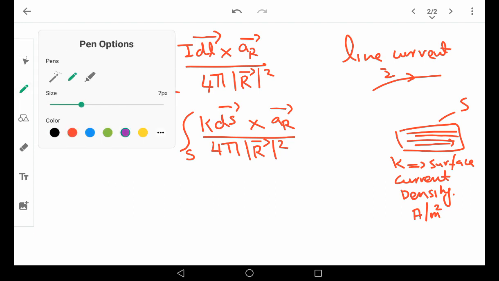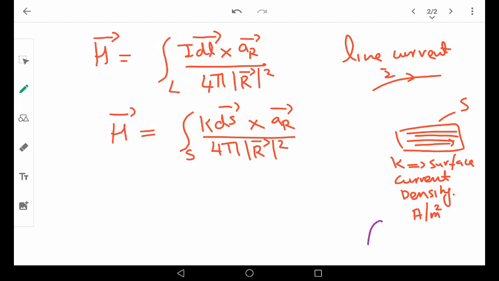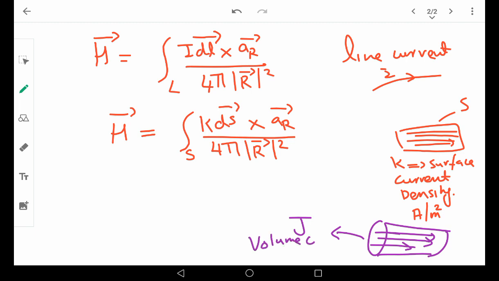Similarly, in the case of a volume current, suppose you have a volume like this, and current is flowing through the whole volume, with a volume current density given by J. The unit is amperes per meter square.